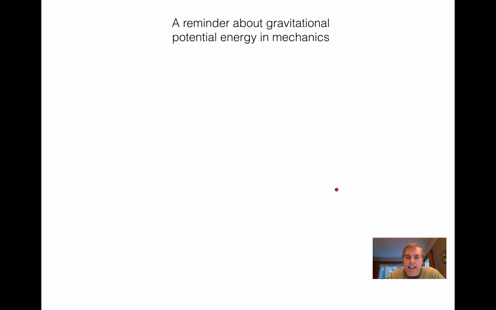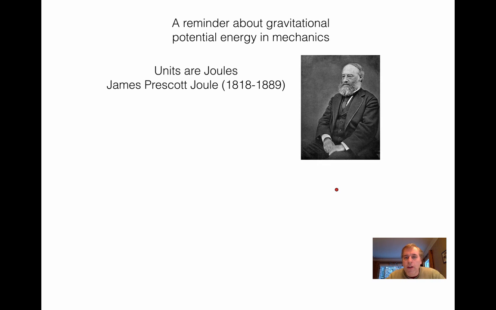So what does delta V mean? Just a quick reminder about potential energy in mechanics. Energies are measured in joules, named after James Prescott Joule. In mechanics, you talked about several forms of potential energy. One is gravitational potential energy, mgy.